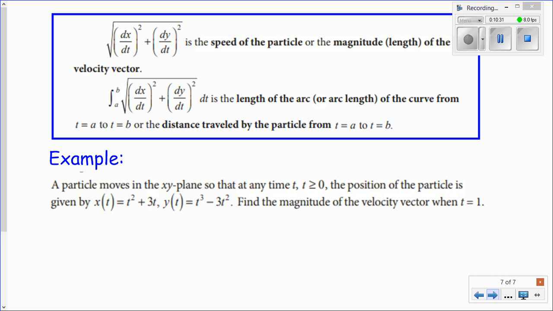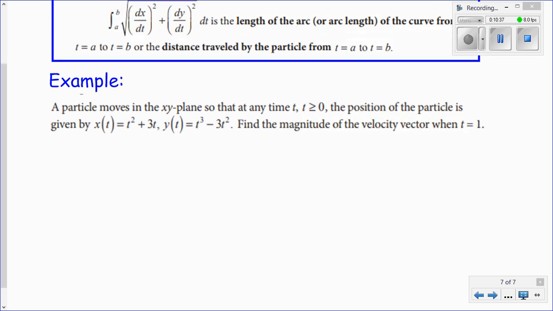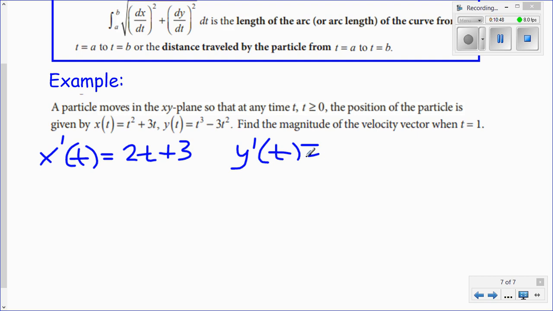Okay, so first of all, we have to find the derivative. So we're going to find x prime of t, which is 2t plus 3, and we'll find y prime of t, which is 3t squared minus 6t.